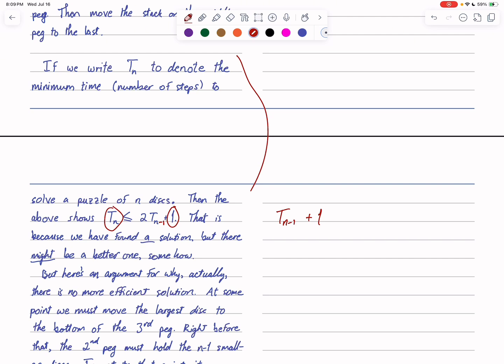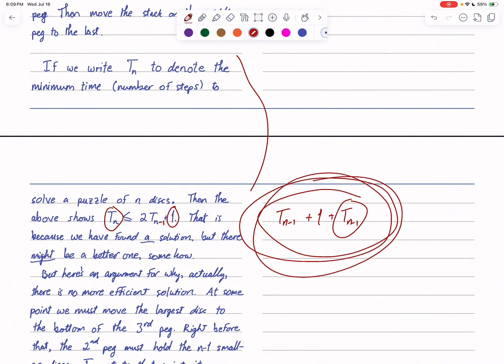And then, once that's done, we yet again take all of those n-1 disks that are on the middle peg and move them over to the 3rd peg, again requiring the minimum number of steps that we can manage. And we have now one way to solve the problem, and it eats up this much time, which we could simplify into just 2Tn-1 plus 1.